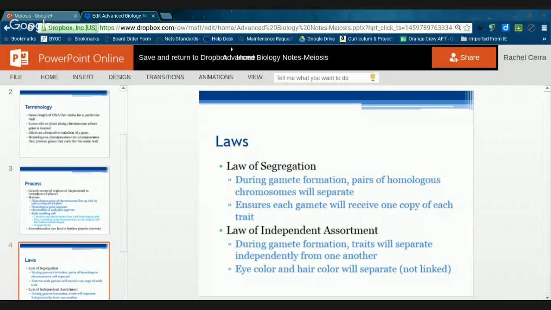Now, if both of those genes were on the same chromosome, then they'd be linked, and so you'd end up with mom's hair color and eye color. But as long as you're not sharing the chromosome or the chromatid, you'll separate. Each trait's going to separate independently of one another. So hopefully that makes sense.